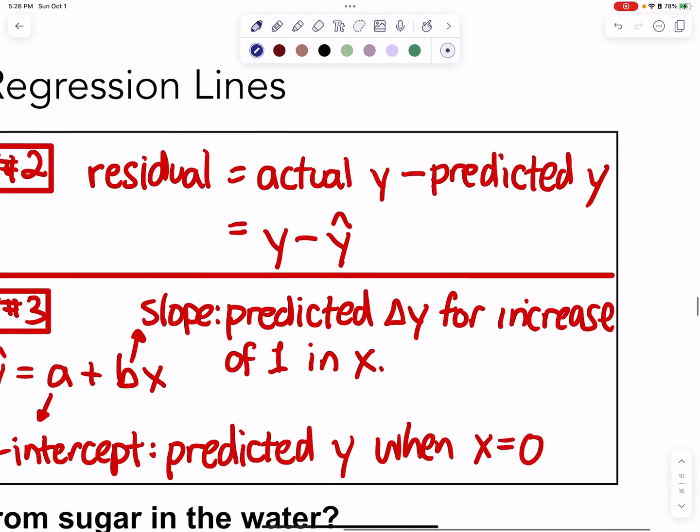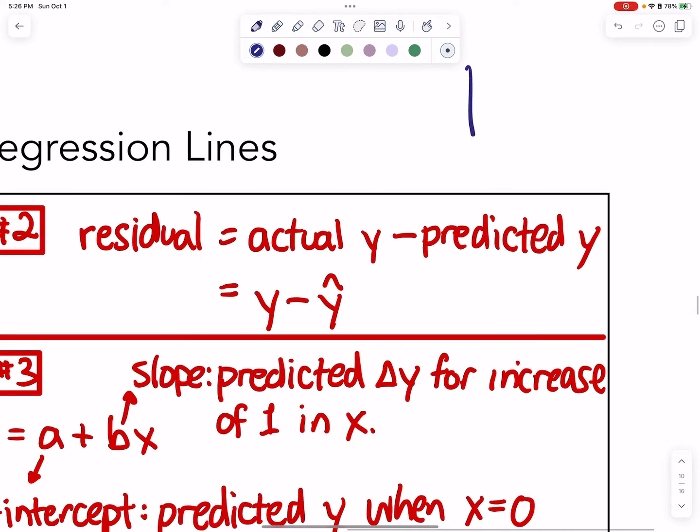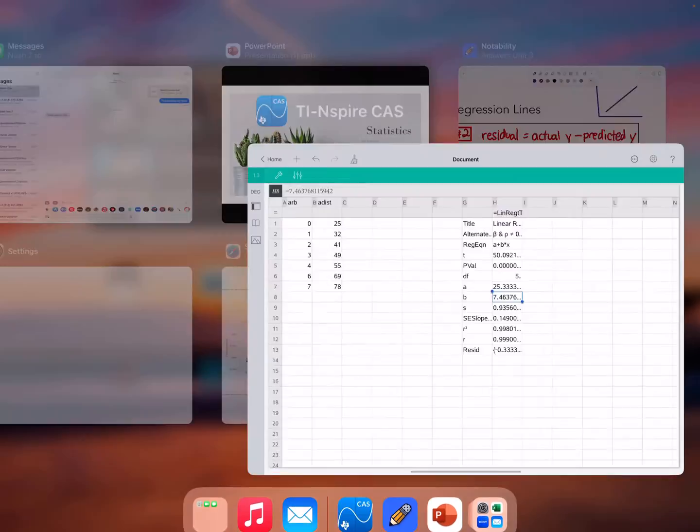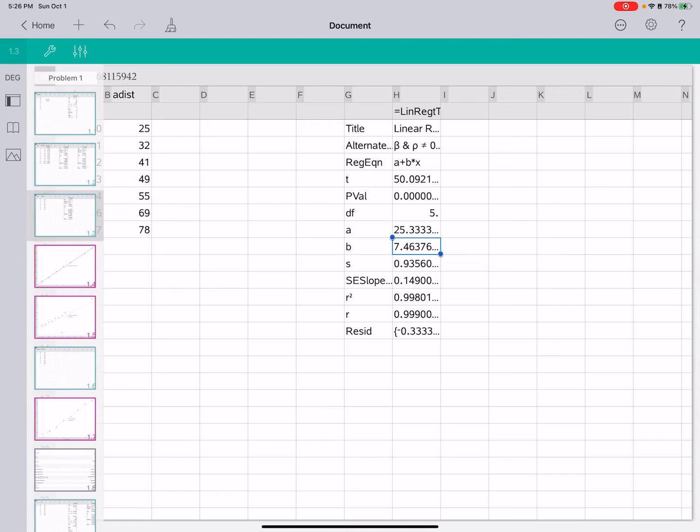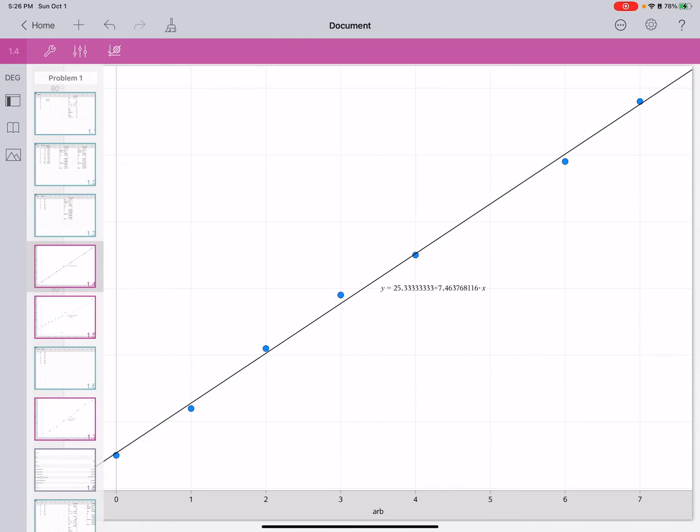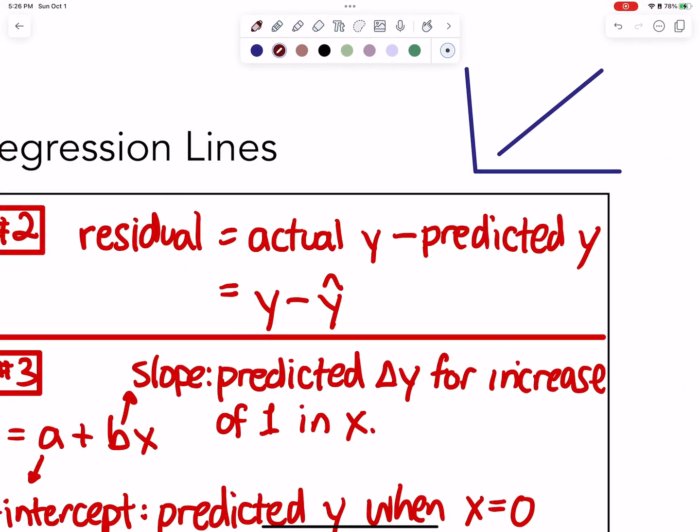Residual is my actual minus predicted. Let me draw for you what a residual is. Okay? This line is my regression line, the predicted line, what we did when I graphed it, right? That's my prediction line. And these here are all the dots that we got the line from.